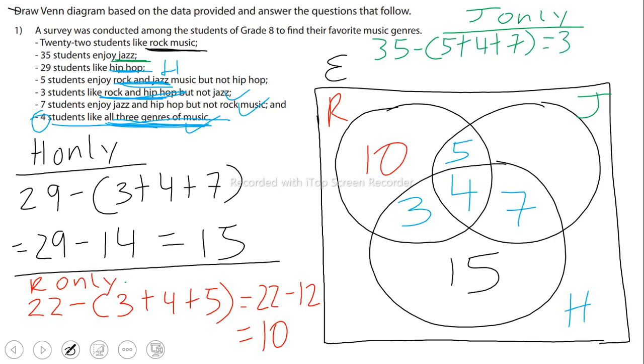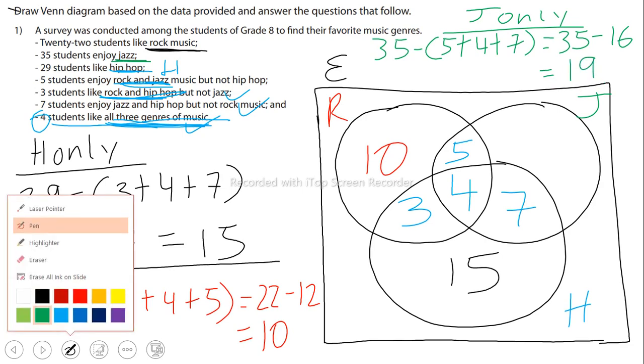Going to be 35 minus, what is 9 plus 7? 16. And then 35 minus 16 is what? 19. Very good. Okay, so this is 19.